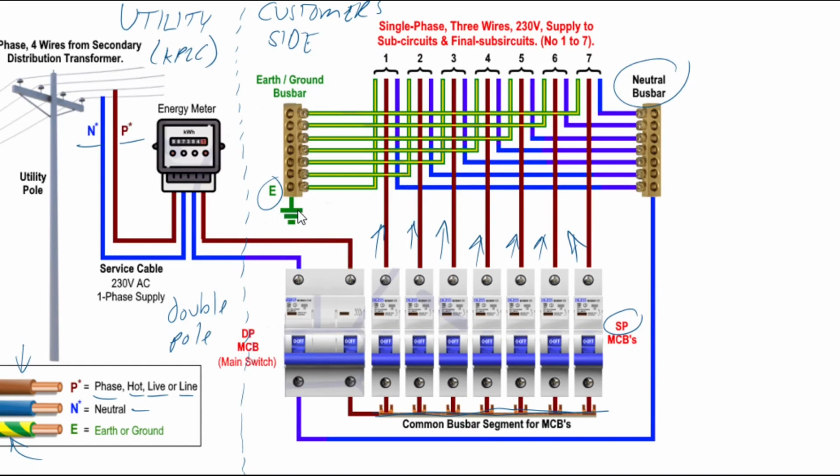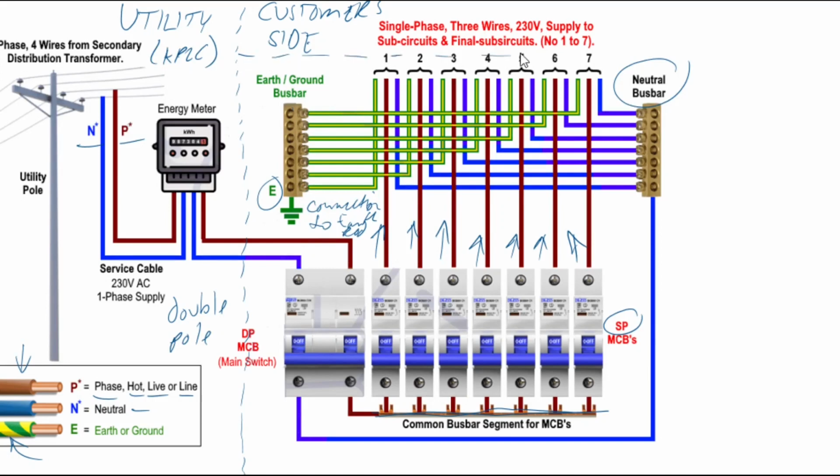The earth here, this symbol represents the connection to the earth rod, right? It's a physical connection to the earth. And each of these wires, color-coded yellow and green, is connected to the bus bar there.